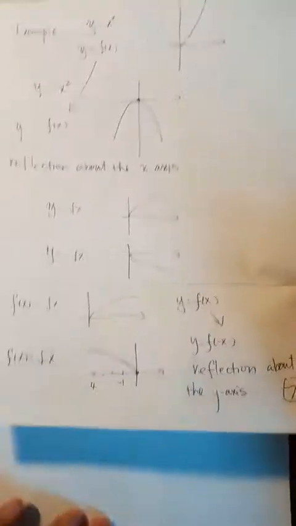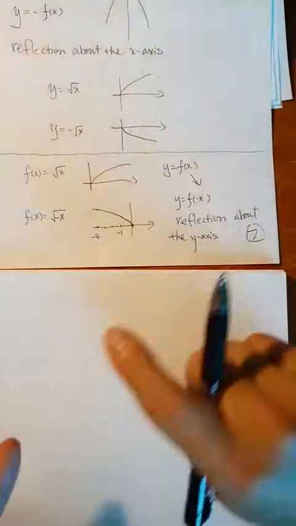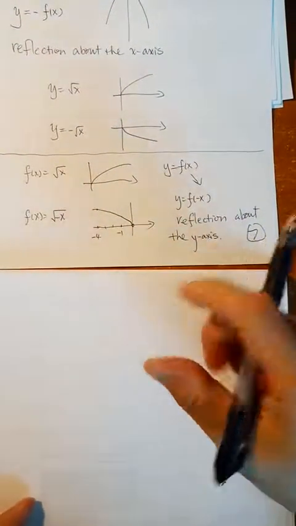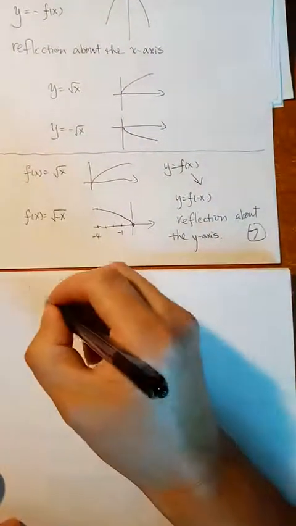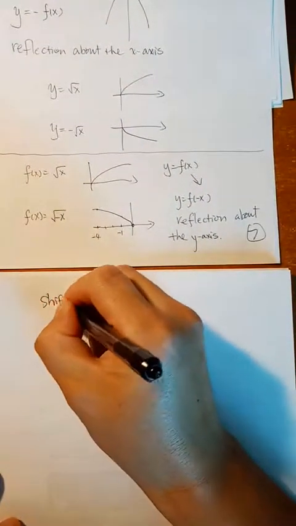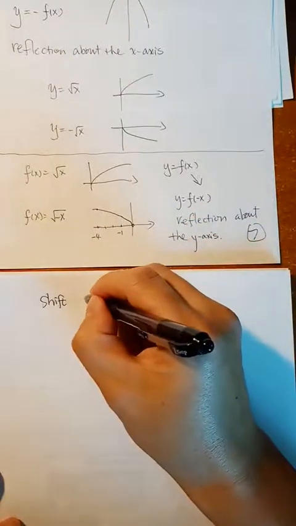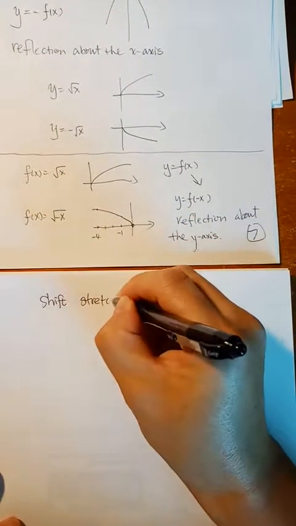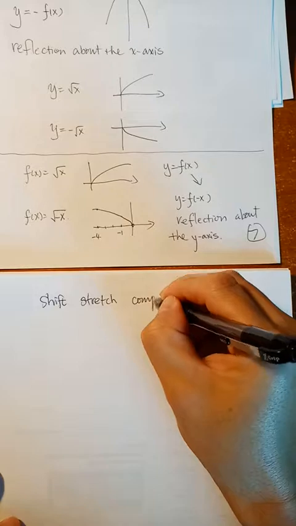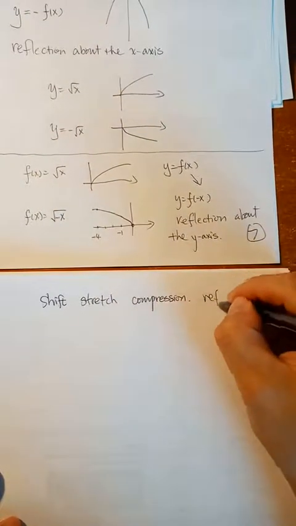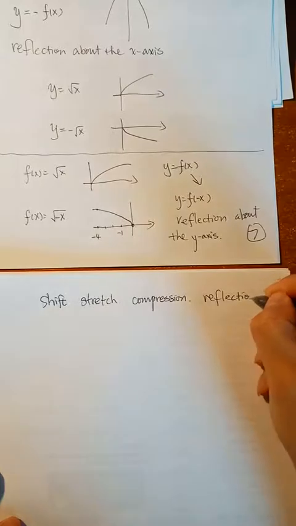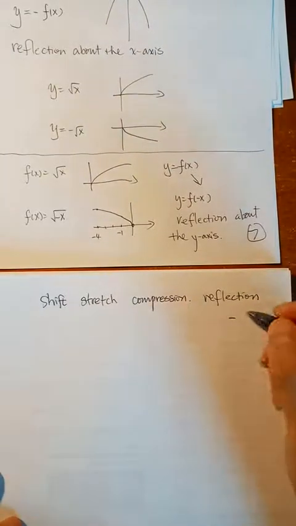All these things are called the transformation: shift, stretch, compression, and reflection. So you have a shift, you have a stretch, you have compression, you have the reflection. Reflection with a negative sign.